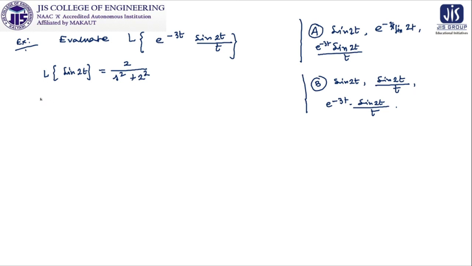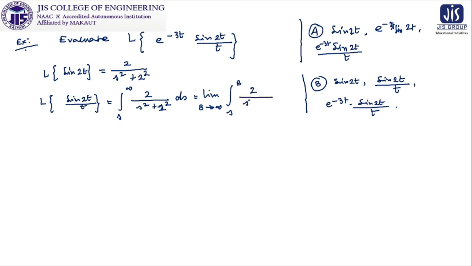Then Laplace transform of sine 2t by t is equal to the integral from s to infinity of 2 by s square plus 2 square ds, and according to the technique of improper integration we can write it as the limit of the integral from s to b of 2 by s square plus 2 square ds.